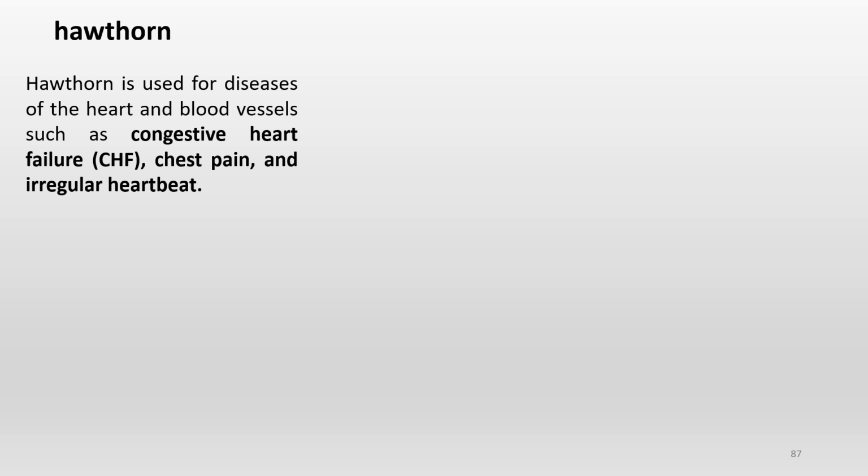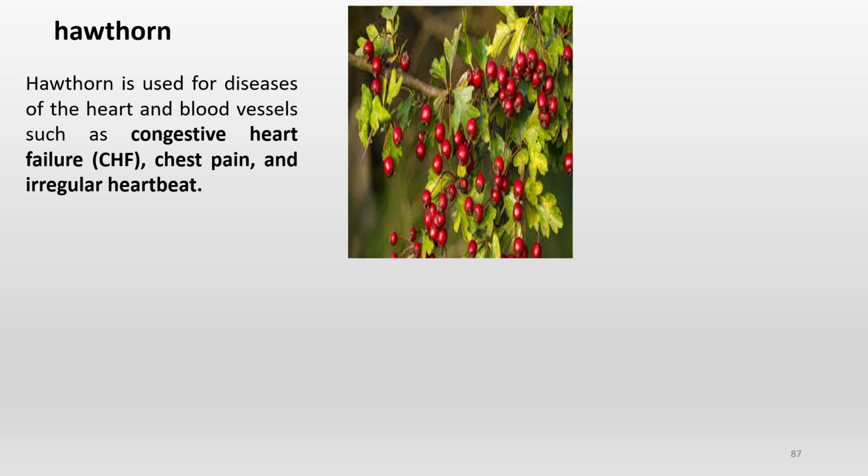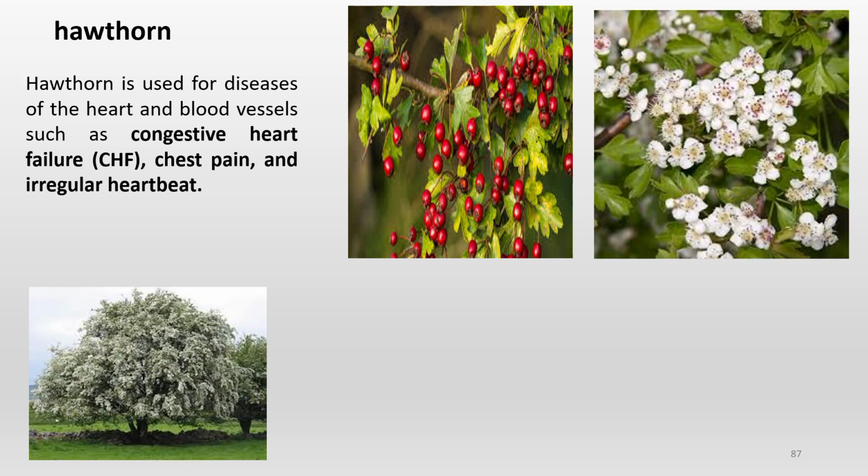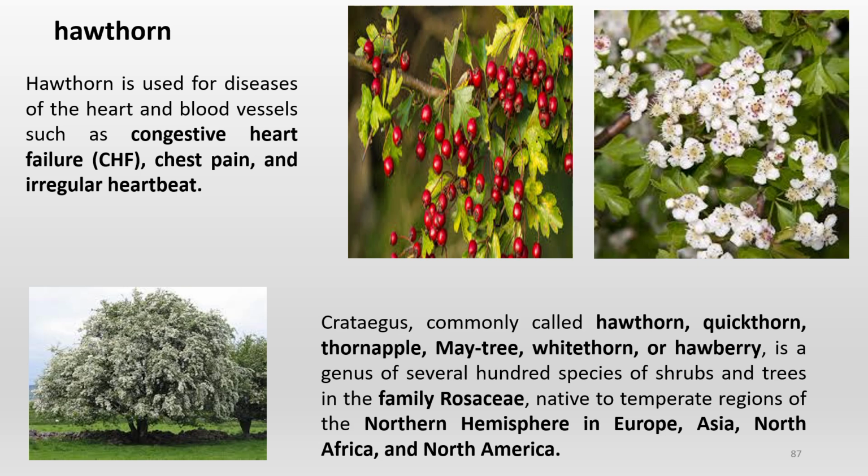Hawthorn means what? We should know what Hawthorn is. It is used for diseases of the heart and blood vessels such as congestive heart failure, chest pain and irregular heartbeat. It is a very beautiful fruit and flower, a white colored flower. This is the tree.